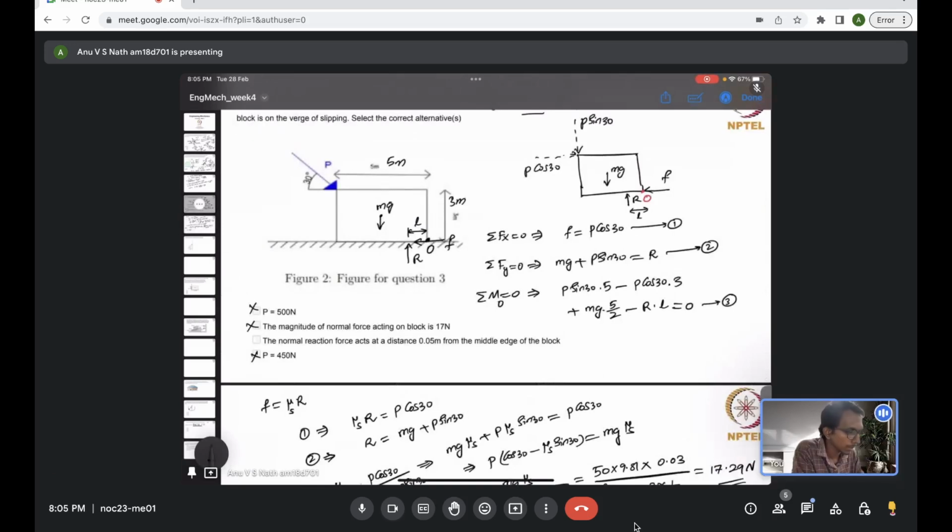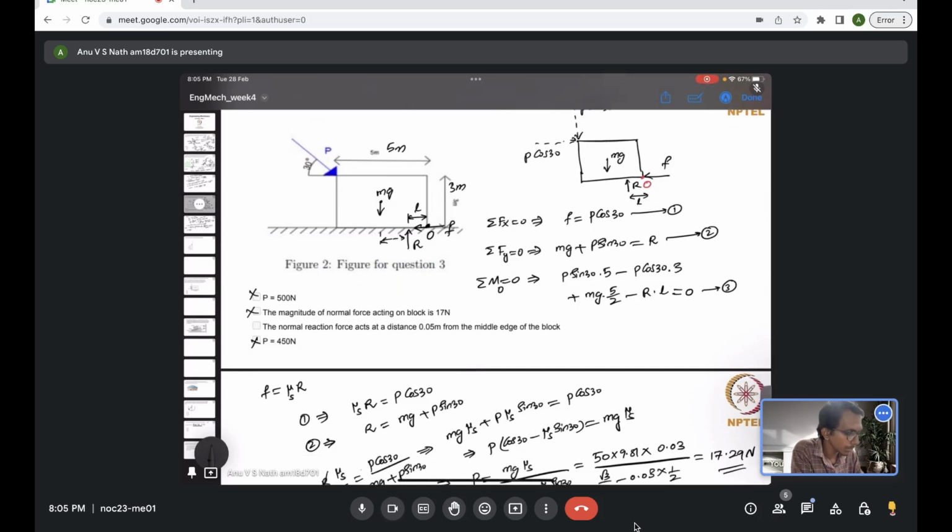But in option C, the distance is given measured from the centroid, the middle edge of the block, that is basically this distance. We call that distance x.